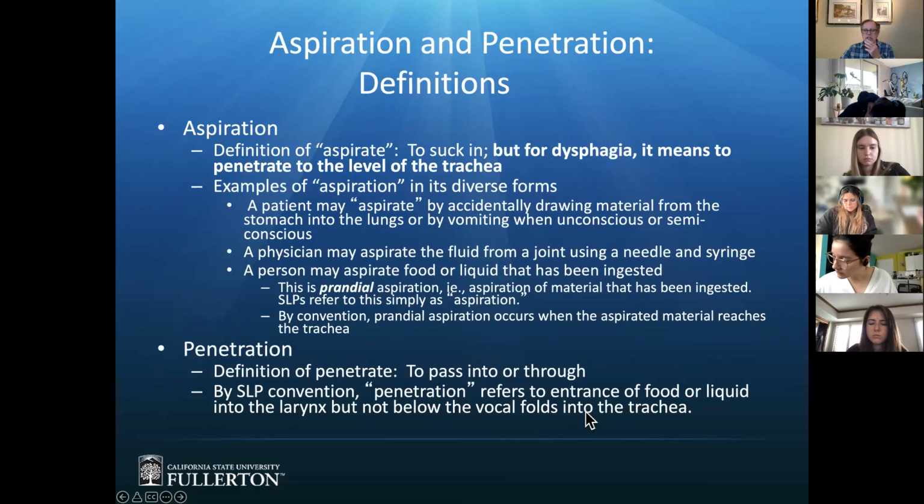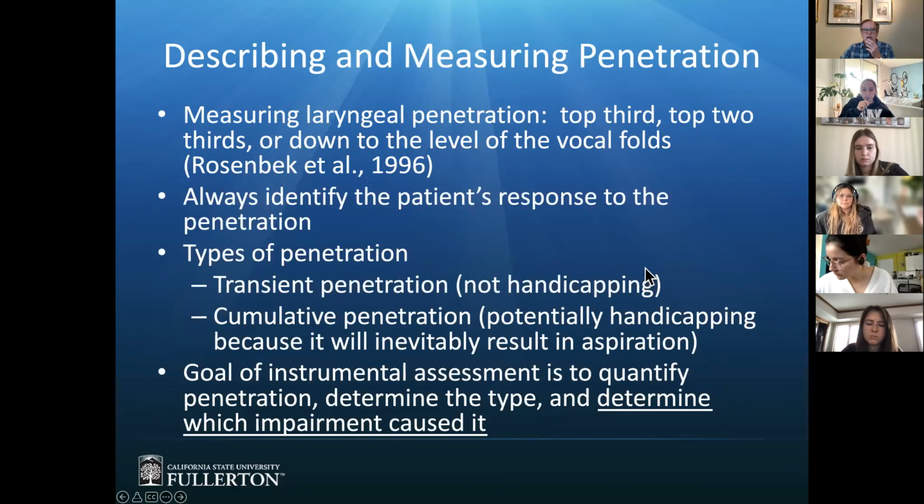And you know, penetration is down just to the vocal folds, but not beyond. Okay, now, how do we describe penetration? The way of describing the penetration and quantifying it or measuring it is how far down into the larynx it can go. We can see it go into the top third, the top 2/3, or all the way down to the vocal folds.